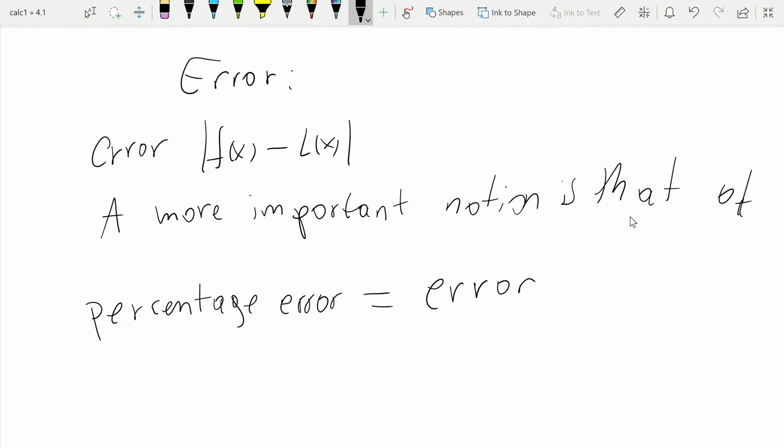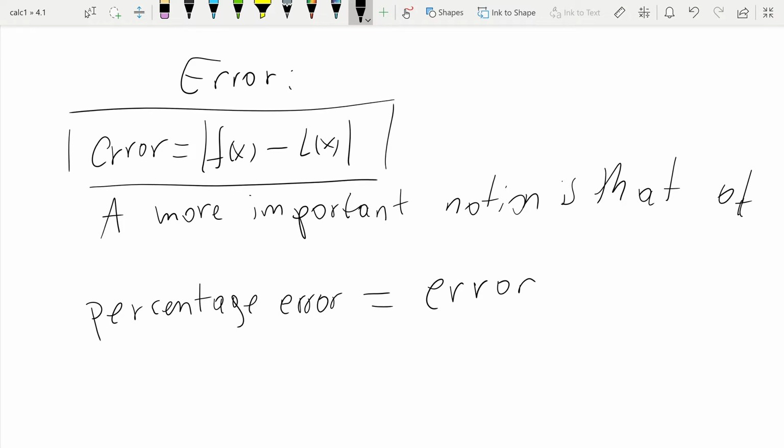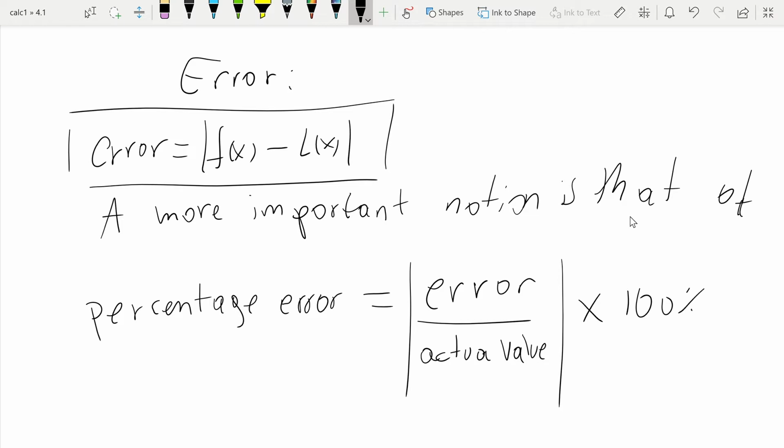So the error is equal to that: how far you are from the actual value of f at a given point, divided by the actual value, when the actual value makes sense, because if it's 0, then you'll be dividing by 0. And you multiply that by 100%. So that gives you the percentage error.